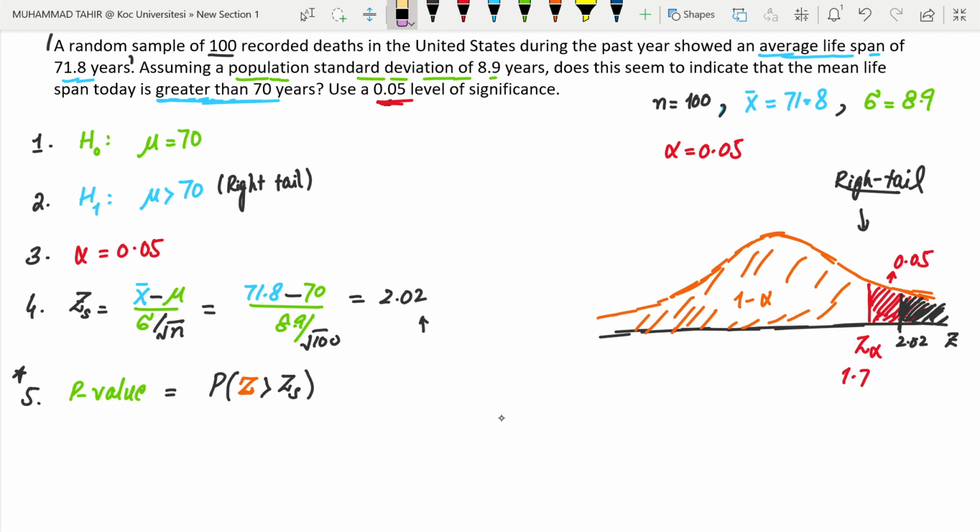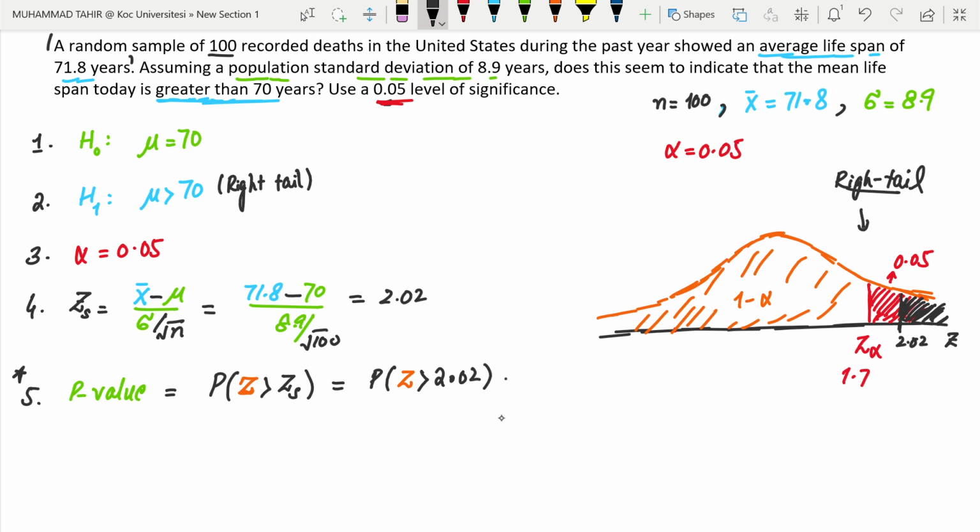This gives you the probability, or area, beyond the occurrence of the sample. This is actually the interpretation of the p-value. So it is the area after 2.02.